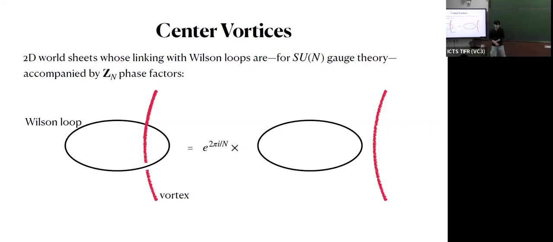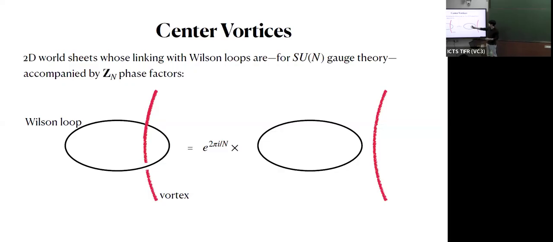Essentially, they are configurations which have two-dimensional world sheets, and they're characterized by the fact that these world sheets can wrap a Wilson line, and that wrapping is accompanied by a Zn phase factor.